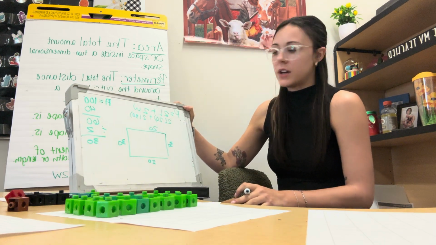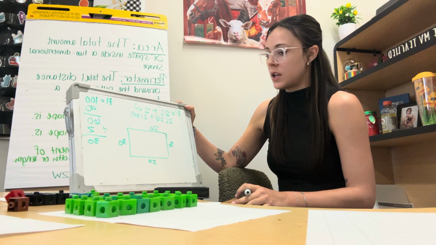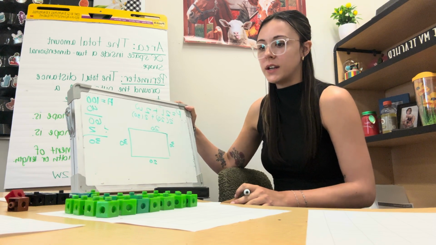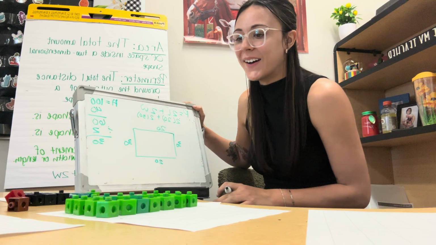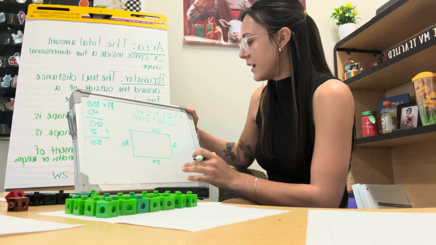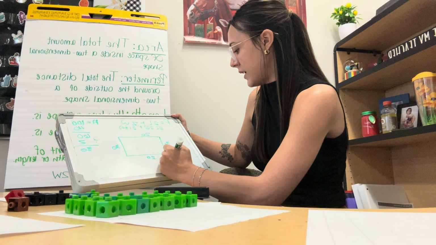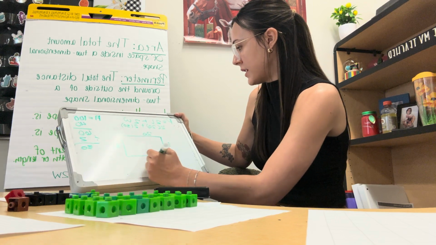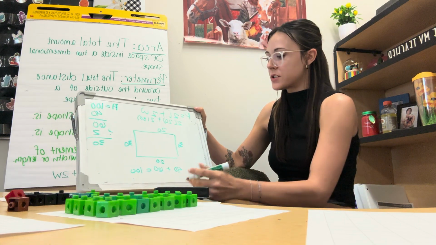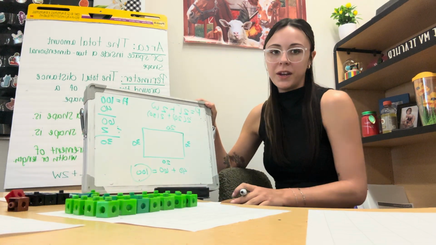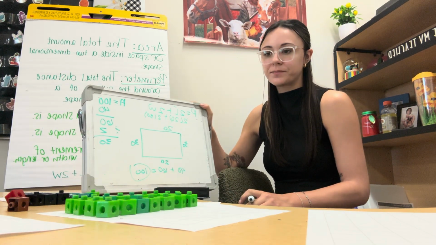So 2 times 20 is 40, plus 2 times 30, which is 60, which is 100 altogether. So we know that our perimeter here would be 100 altogether for this problem.